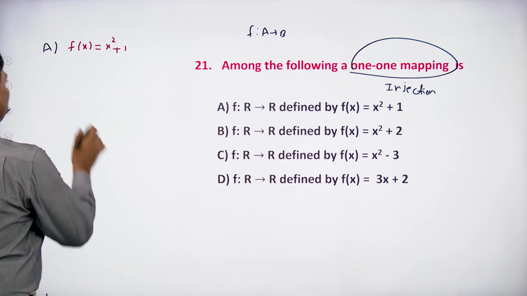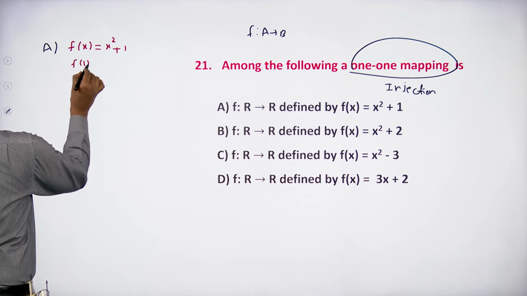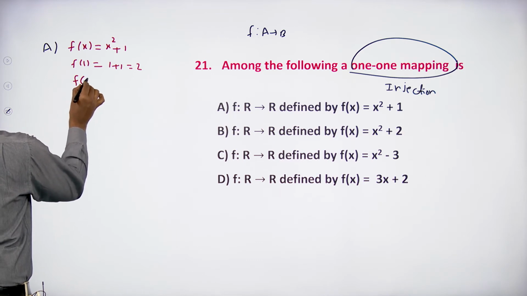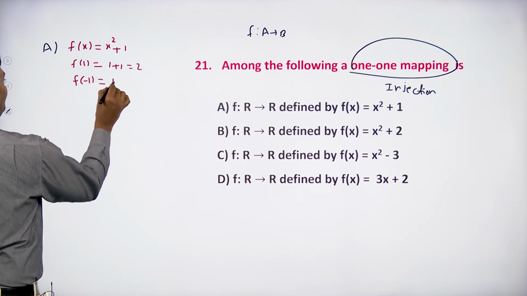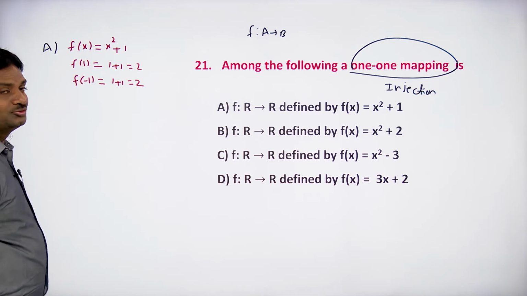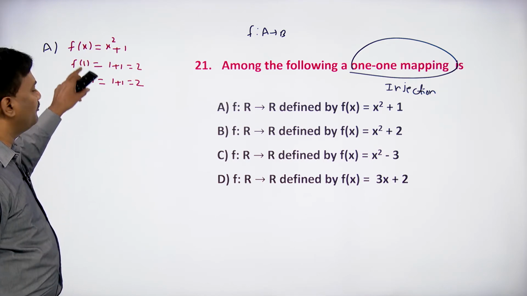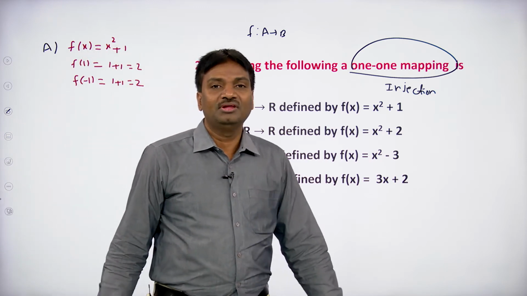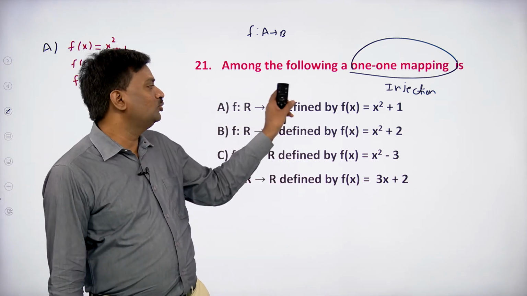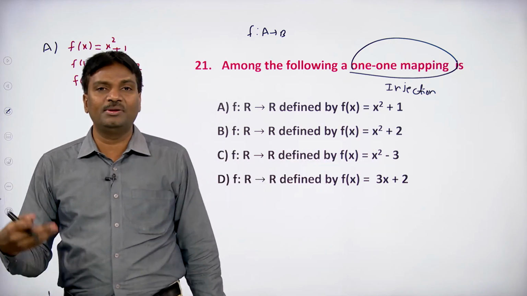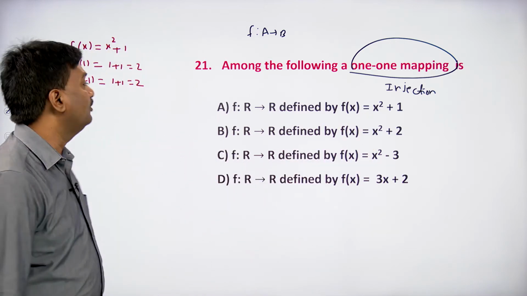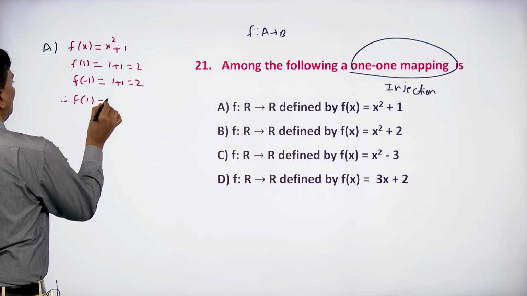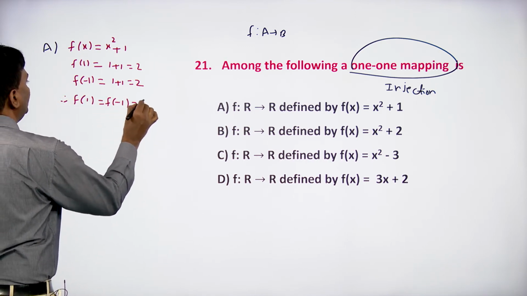In place of x, if we take 1, f of 1 equal to 1 square plus 1 equal to 2. In place of x, by writing minus 1, minus 1 square plus 1 equal to 2. So, by taking 2 different elements 1 comma minus 1, we have the same image 2. So, f of 1 equal to f of minus 1 equal to 2.